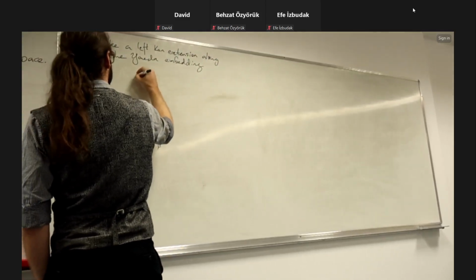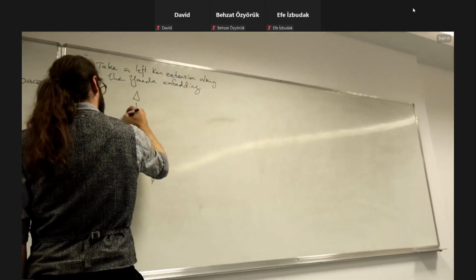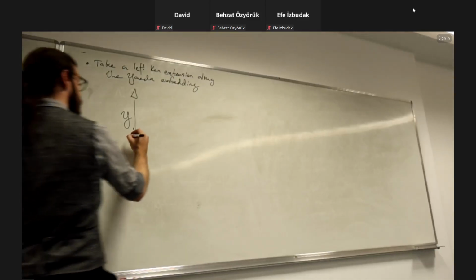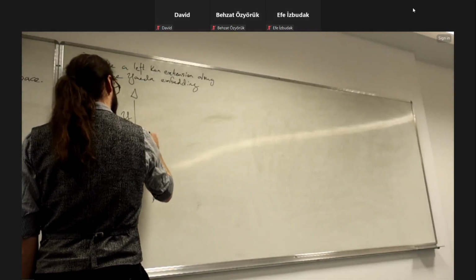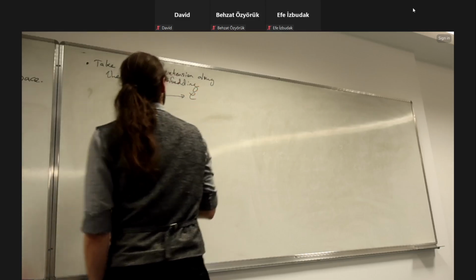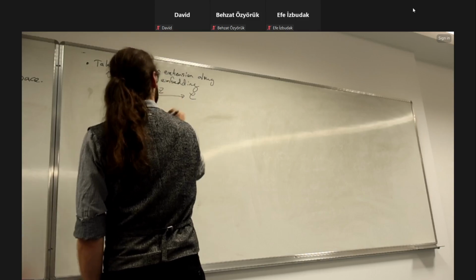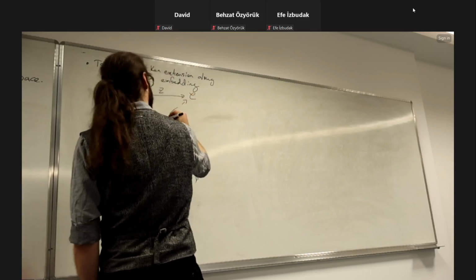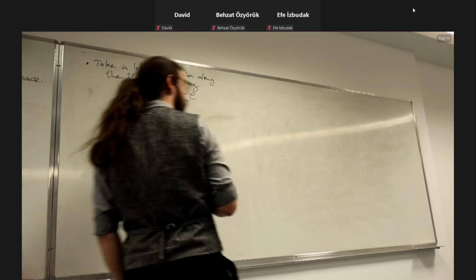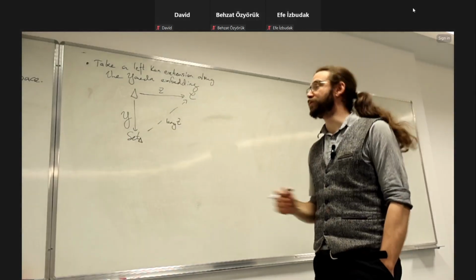So here we have the Yoneda embedding, which I'm just going to denote by a capital script Y. This goes into simplicial sets. And we have our functor Z, and we get some functor, the left Kan extension along Y of Z, which in particular preserves colimits.